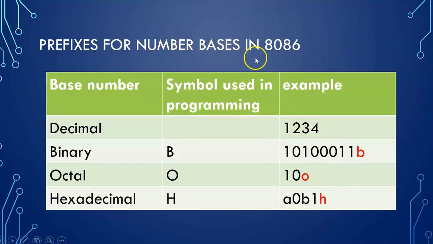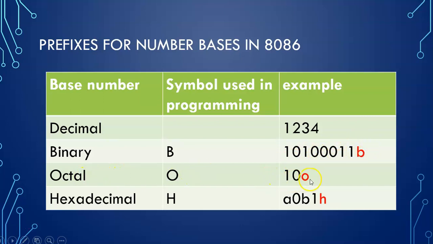prefix for number bases in 8086. This is important to differentiate between the number bases we use in the programming. So if you want to use the value in decimal number, don't put anything, just put the number. But if you want to use the value in binary, put B after the value.